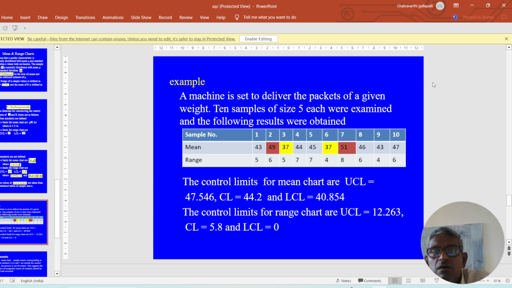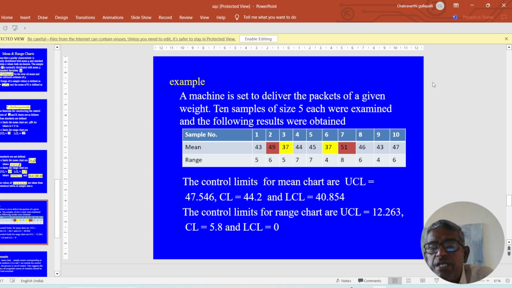Now I am calculating the x double bar. That means 43 plus 49 plus 37 plus 45 and so on up to 47, divided by 10. I get the overall mean x double bar. Then 5 plus 6 plus 5 plus 7, and so on: we add all the range values and divide by 10 to get the R bar.